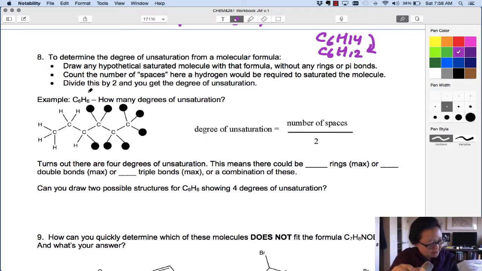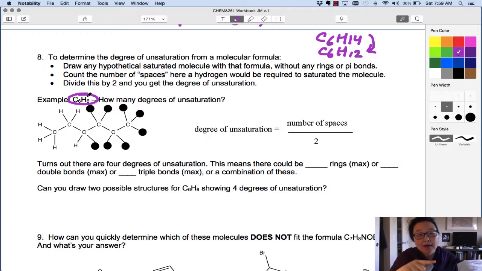So when we have C6H12, go ahead and draw 6 carbons and put in 6 hydrogens, it doesn't matter where, just so the valences work out, everything's neutral, octet rule, whatever you want to use. Then find out how many spaces are left, and those represent the hydrogens that were removed for the unsaturation. Because these are empty spaces, we definitely know the hydrogens were removed. This is not saturated; it's definitely unsaturated.